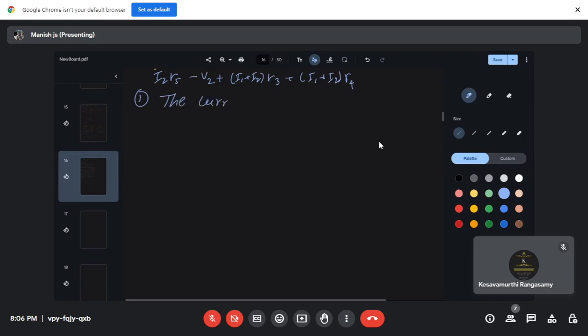The current passing through resistor R2 is, options I will give you. First I will draw the circuit.